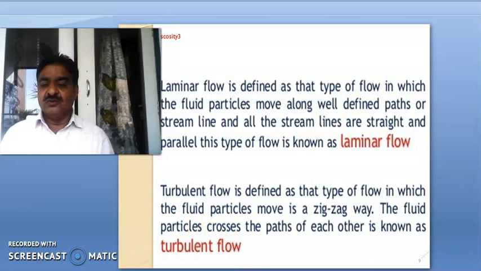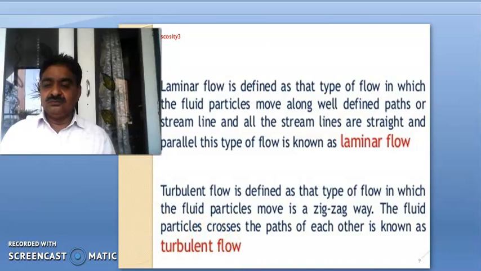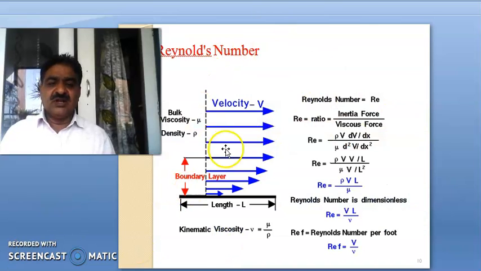Here we see the Reynolds number again. These are the different velocities of flow of fluid from lower level to higher level. As we go to a higher level, velocity increases.